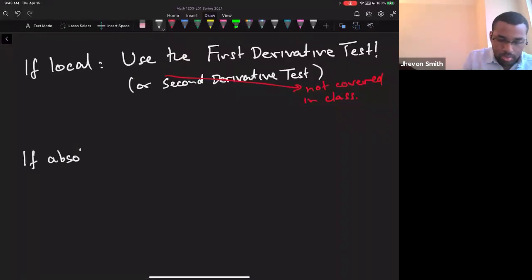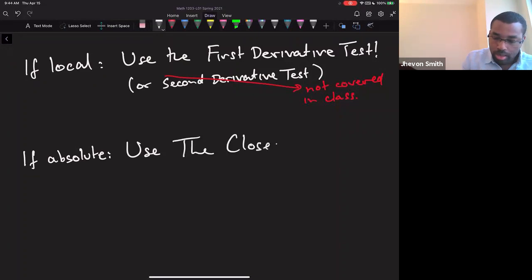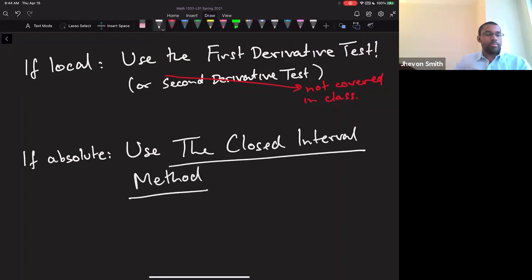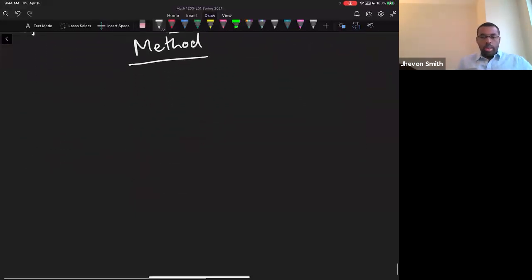If absolute, you use what's called the closed interval method. Okay, so this is a new method I'm going to teach you guys by which you can find absolute extrema.